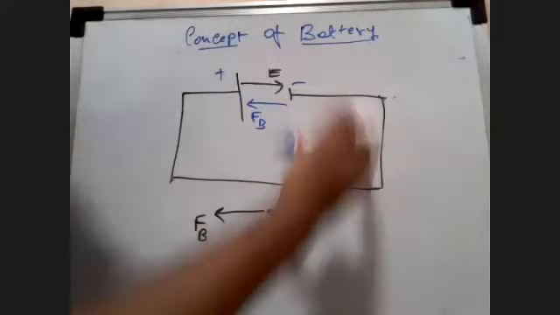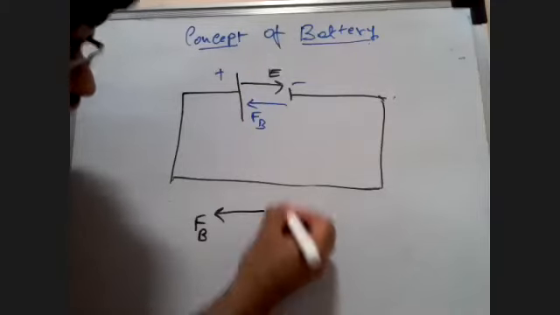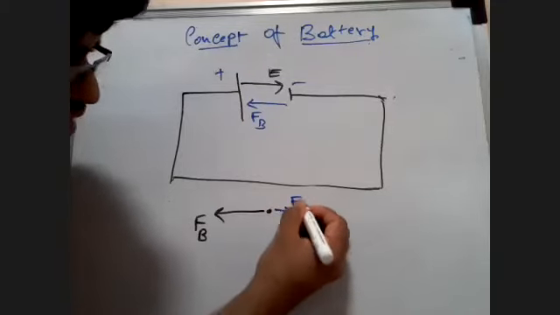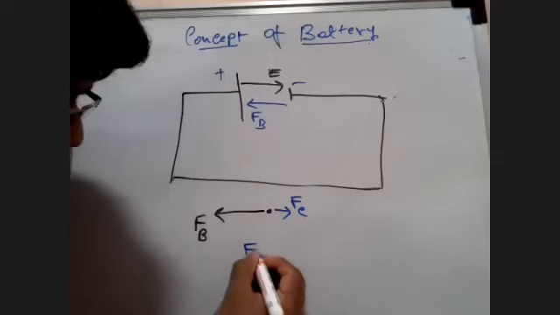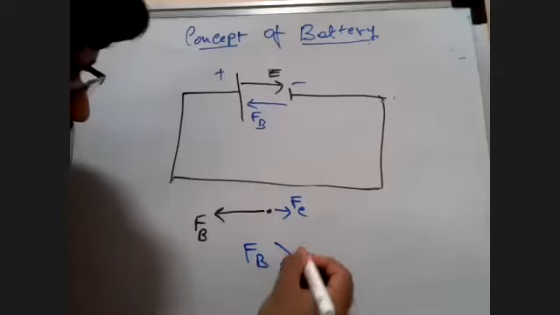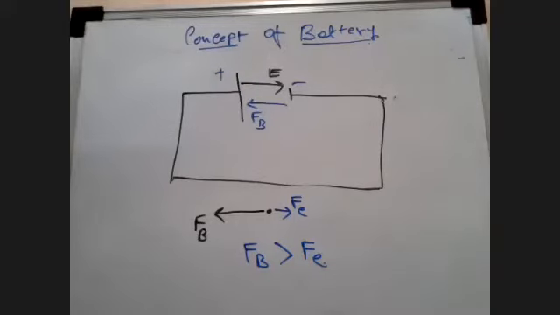But due to the connection of this battery, the electrostatic force Fe is going to reduce. And so now we can see that Fb is greater than Fe.